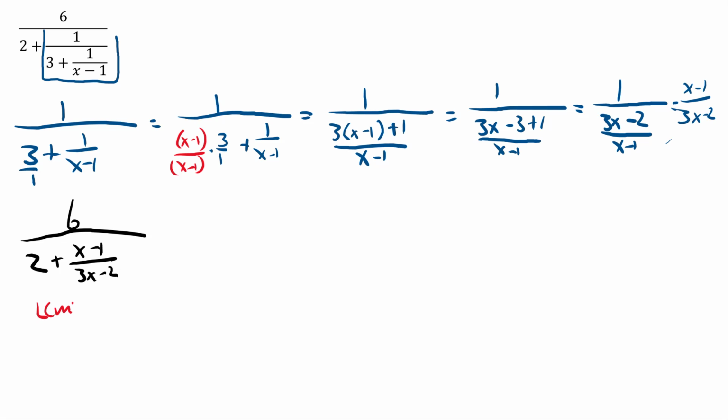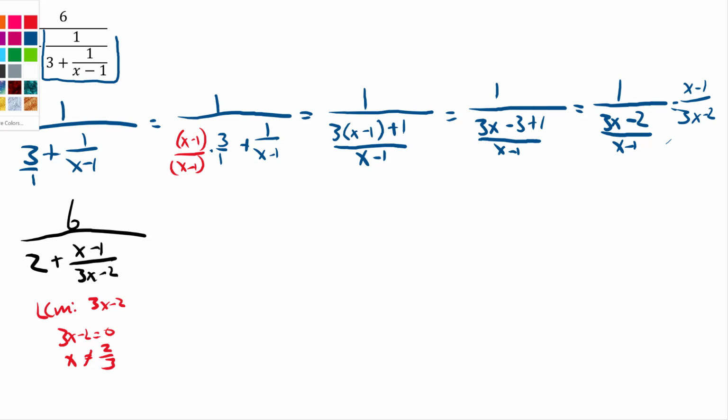The only denominator we need to get rid of is this 3x minus 2. So our least common multiple is 3x minus 2. And let's see what x cannot equal. If we set 3x minus 2 equal to 0, then x equals 2 over 3, which we do not want x to equal, because if it does, this would not work out at all.